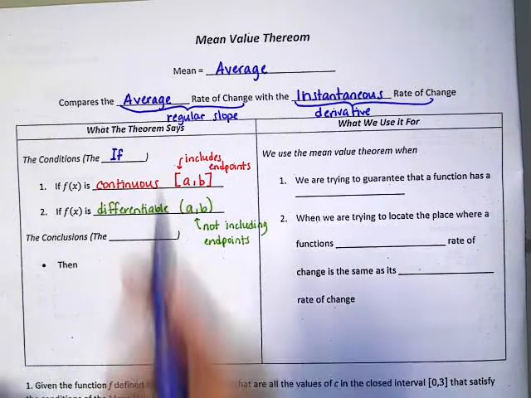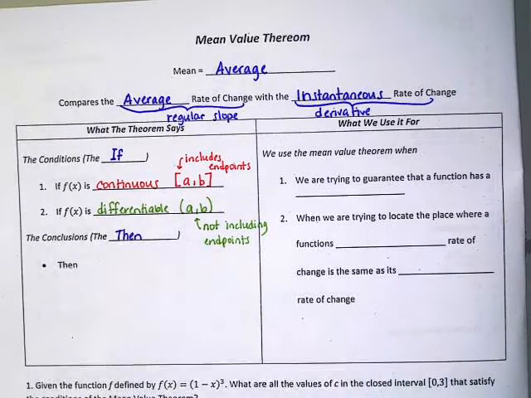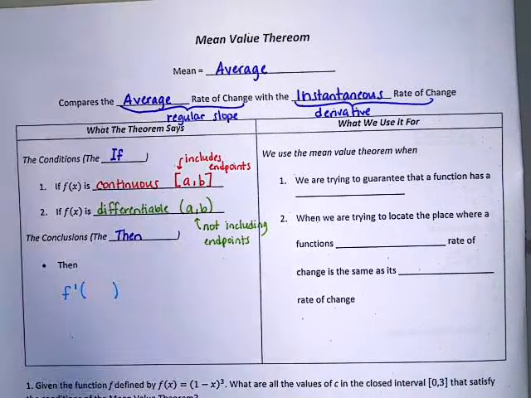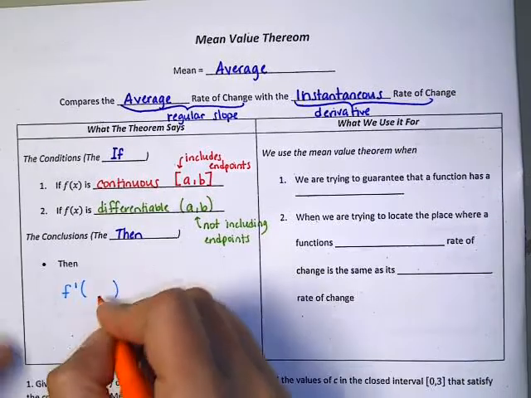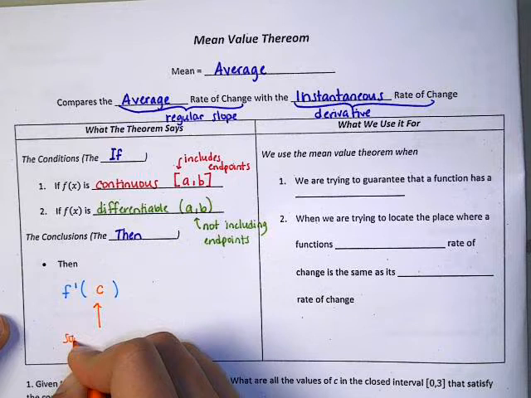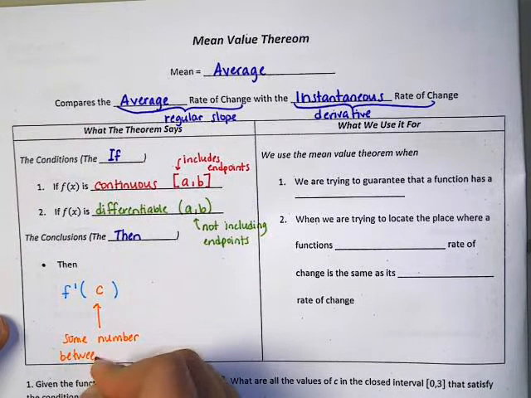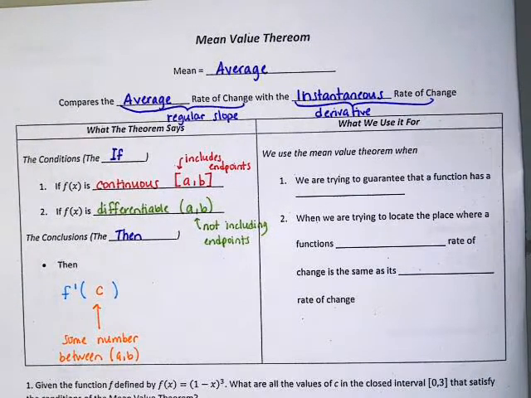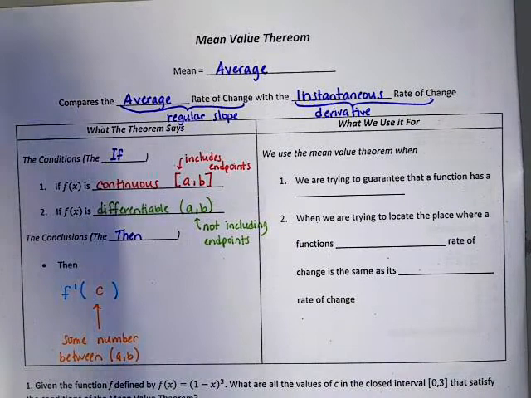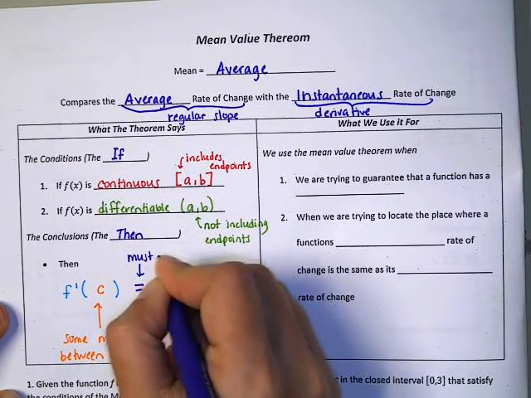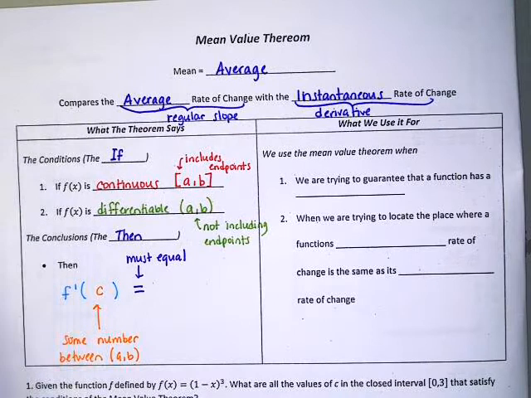then we can say, this is the conclusion, the then, we can say that the derivative of your function at some number between your endpoints has to equal the average rate of change between those endpoints.